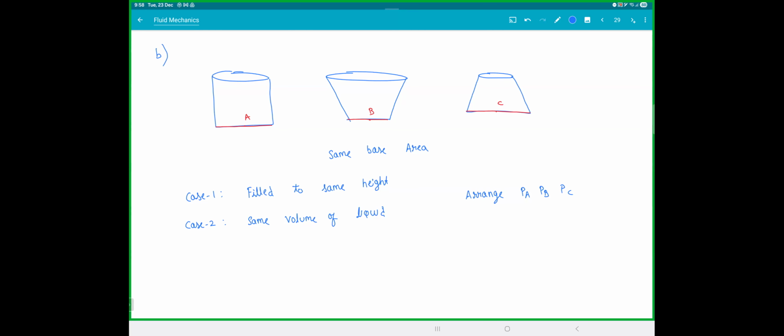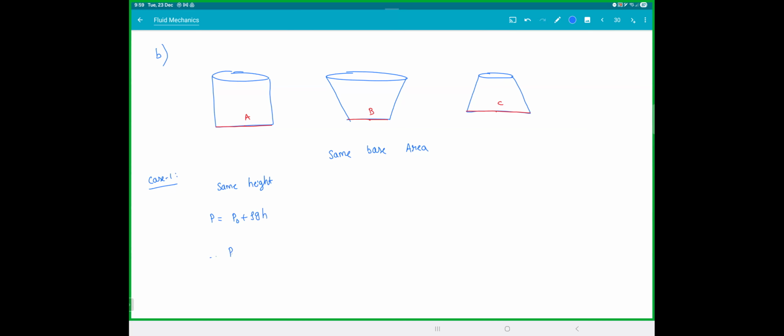Now, if you look at case 1 and case 2, it is easy to answer, but we'll discuss that also. In case 1, same height. So the pressure is simply P naught plus rho g h. Like I said, it doesn't depend on the shape of the container. Therefore, PA is equal to PB is equal to PC.